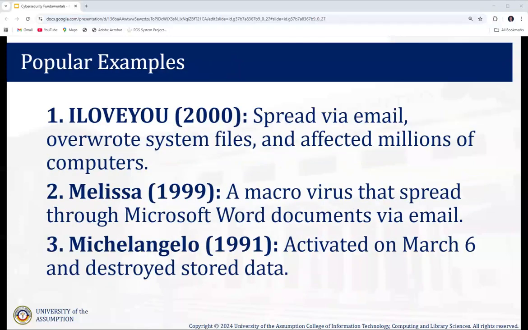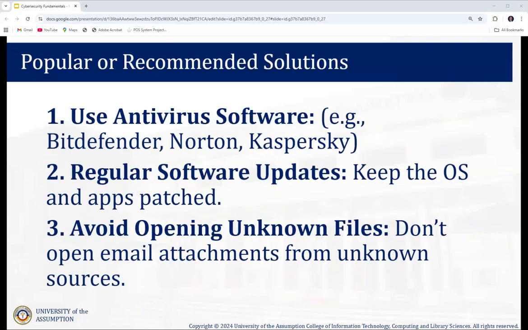Now, what are the popular examples for a virus? You have the ILOVEYOU virus in 2000, the Melissa in 1999, and the Michelangelo in 1991. Here are some popular recommended solutions.